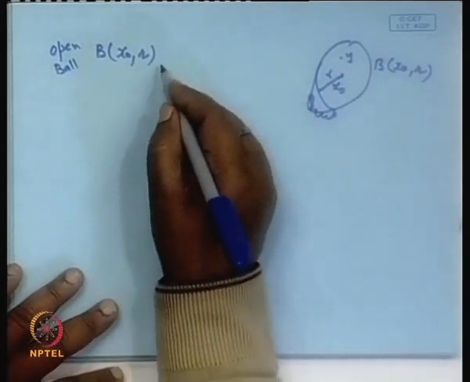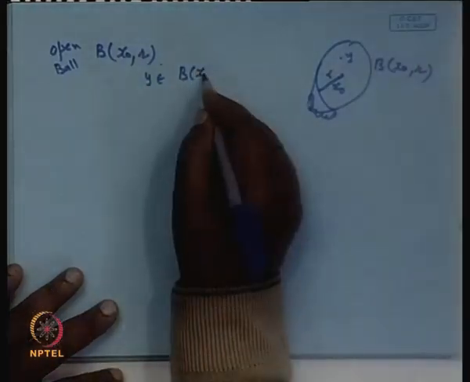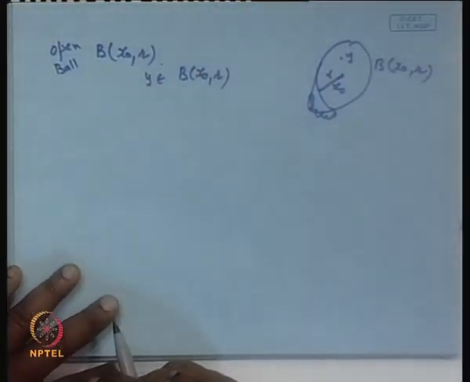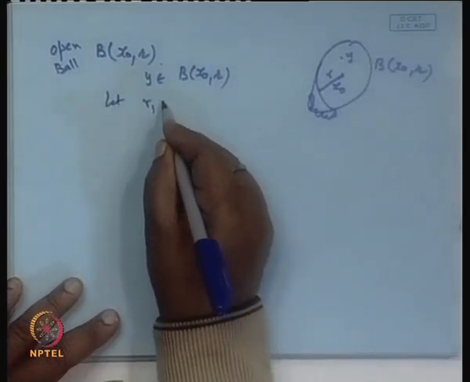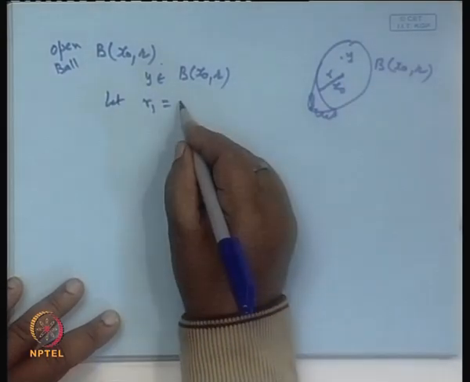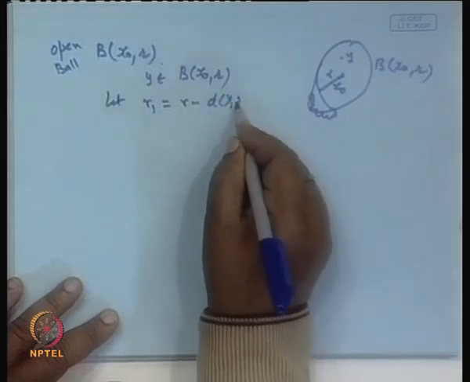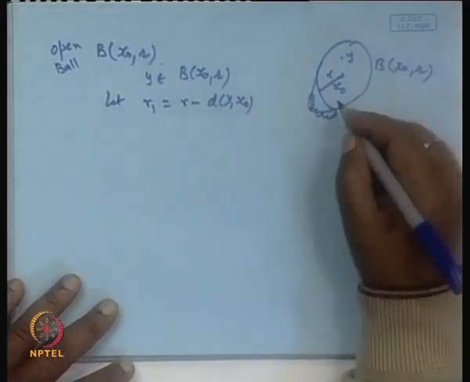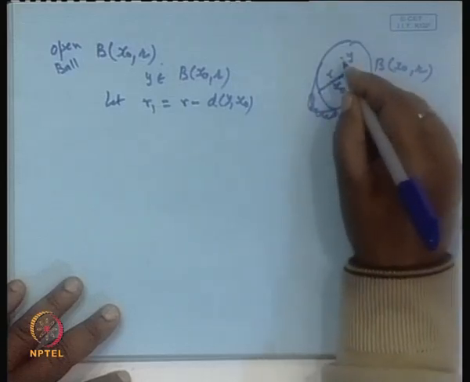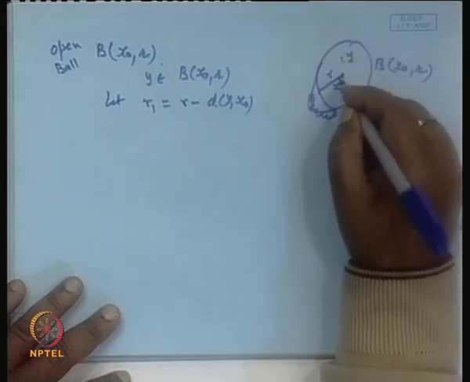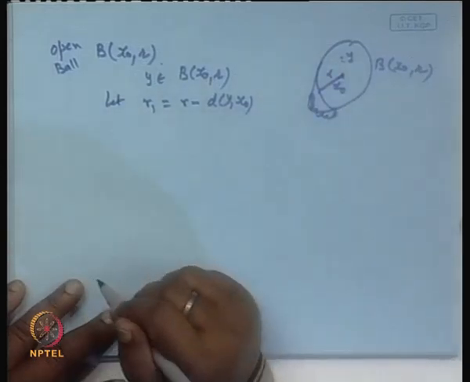So, let y be an arbitrary point belonging to B(x naught, r). Let r 1 denote the distance r minus d(y, x naught). This distance is the complete radius r, and here this distance is d(y, x naught). So, I am taking r minus d(y, x naught) as r 1.